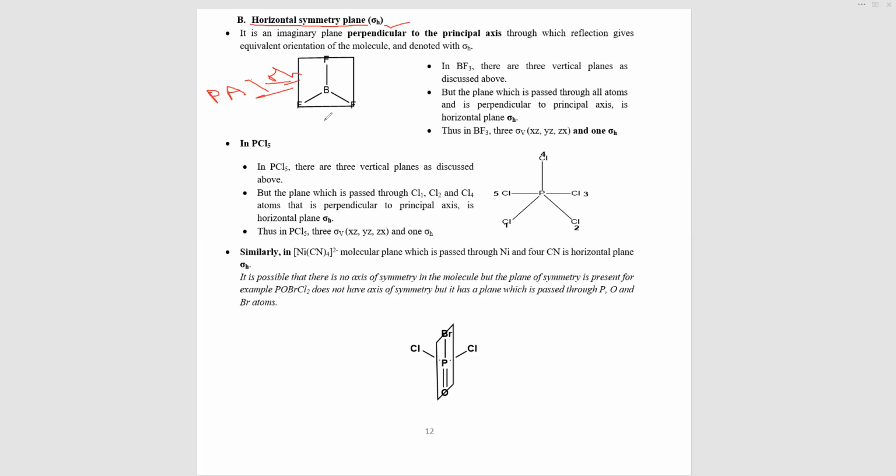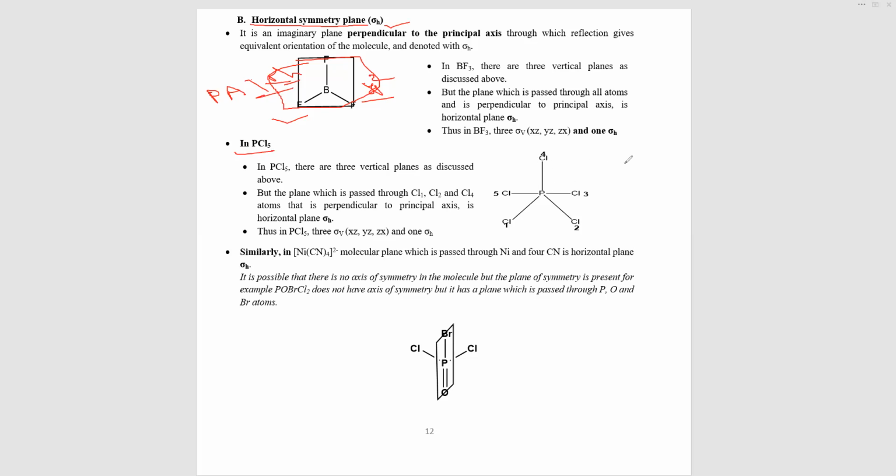For example, BF3 is a planar molecule, sp2 hybridization. So a horizontal plane passes through all the atoms, and it bisects all the atoms present in BF3. So this is the horizontal plane. And in PCl5, there is a planar bond like this. This is the axial bond, suppose.